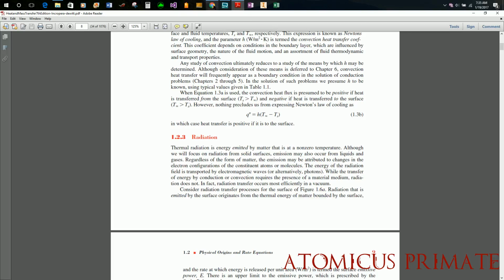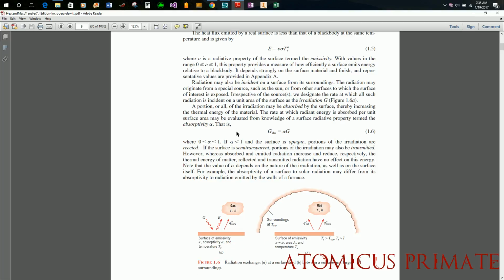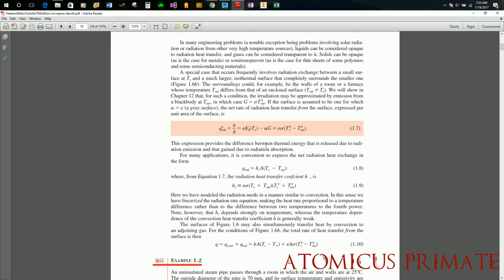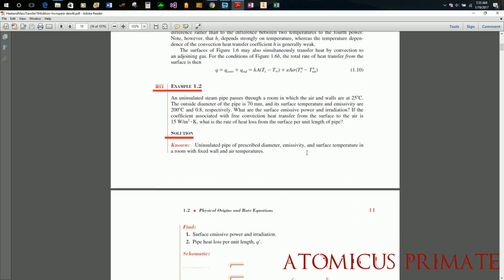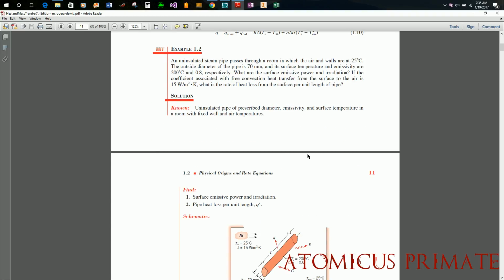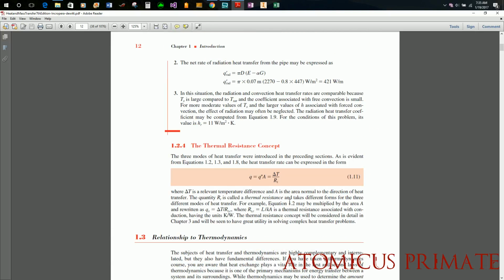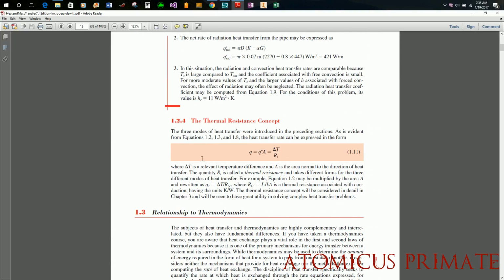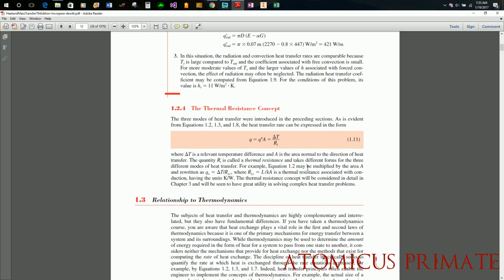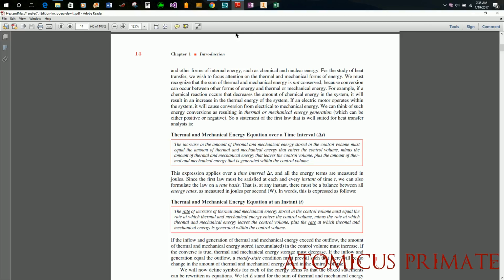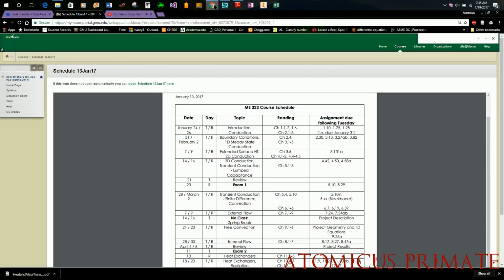Section 1.2.3. He didn't say to do radiation, but let's just scroll through some equations here. Those aren't very pretty. An example, a pipe, emissive power, radiation. 1.2.4, thermal resistance concept. Interesting. And keep going all the way to, what did he say? 1.6, right?